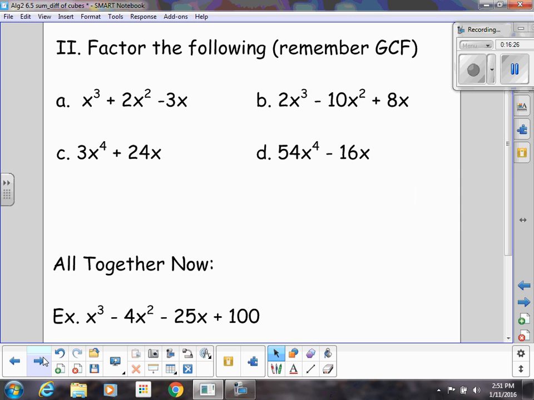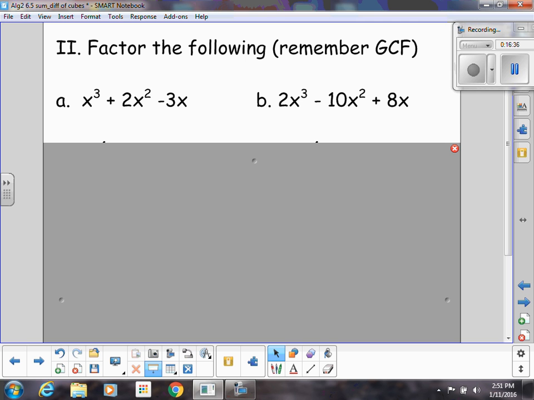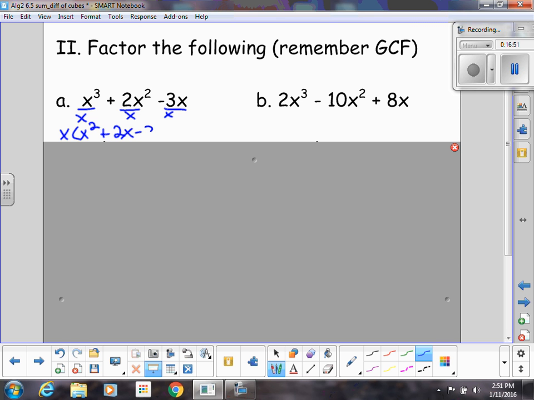All right, so let's refresh our memory by doing some of those. In part A, and I'll cover some of these up so we aren't distracted, let's always check for the greatest common factor. What can I divide each of these by? Well, no numbers, but I can divide each of these by x. So I'm going to put that x in front, and that leaves me with x squared plus 2x minus 3.